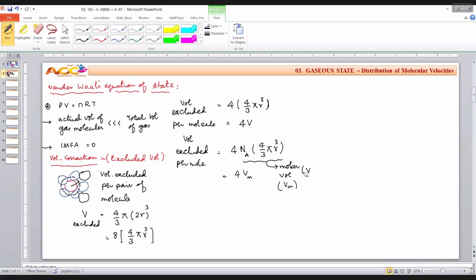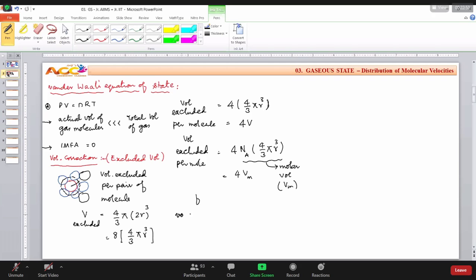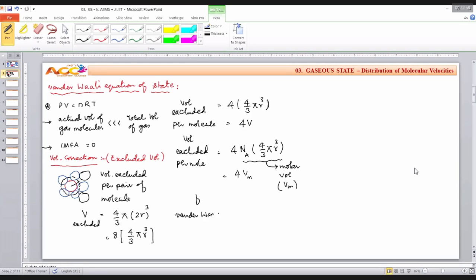Okay, fine. Now, when we are discussing this one, this volume excluded per mole is given as B. This is called the van der Waals constant. What is B? B is called the van der Waals constant. Point number 1. No, sir. What is B?